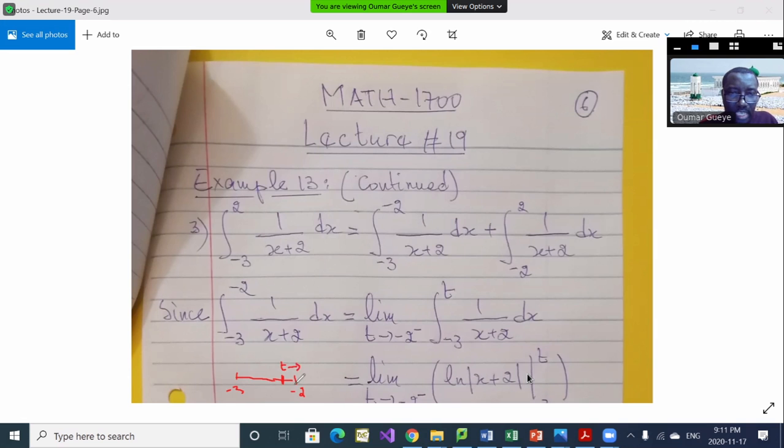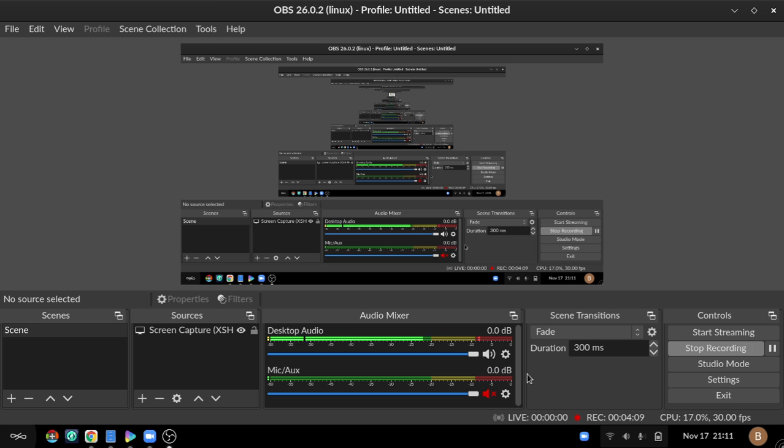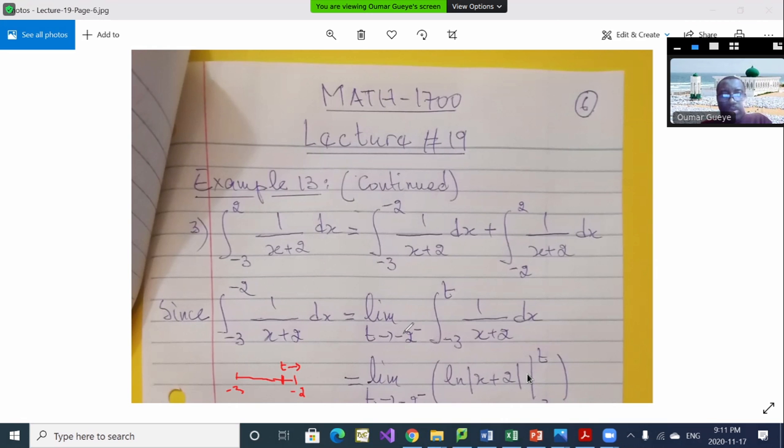And when t is approaching to -2, it's coming from the left. That's why we have to calculate the left-hand limit. And doing so, we just want to calculate this integral, we know it's quite easy. So, the antiderivative gonna be ln of absolute value of x plus 2. So you calculate it at t and at -3.